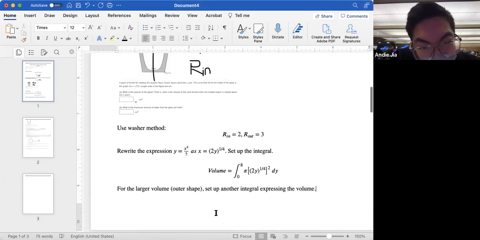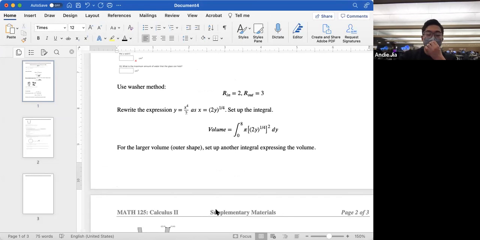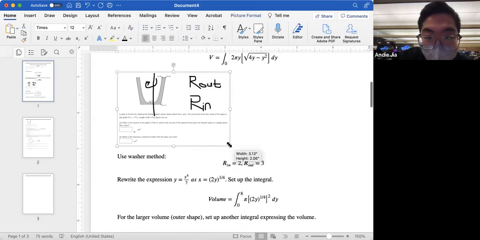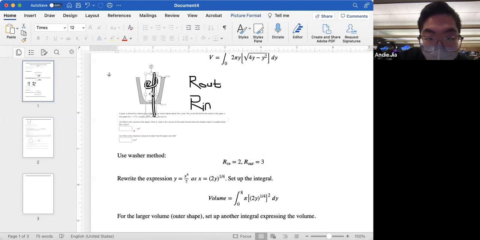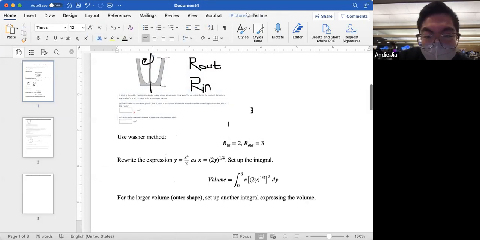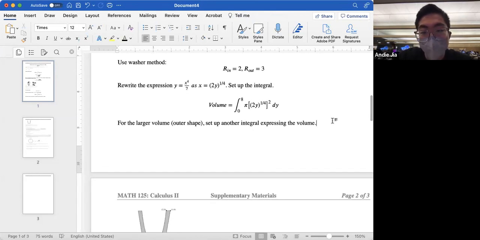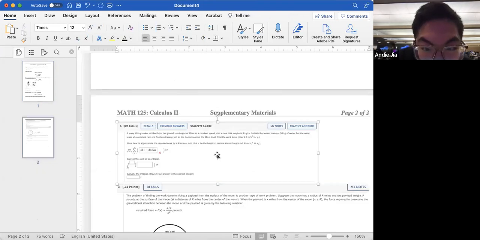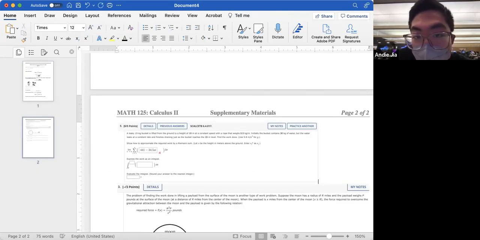Yep, it's the volume, and then subtracting the inner, and then do some calculation. Then that's the answer. Okay, 6.4.